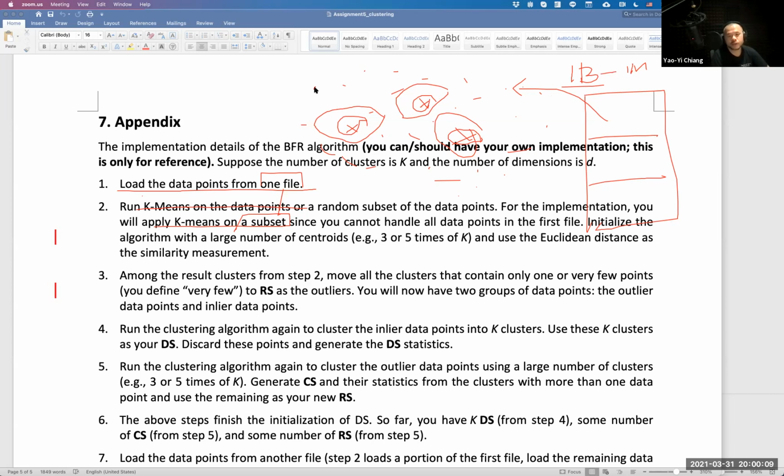The first approach is you can just compare the distance between the points to the cluster center and use a threshold. You can say if you're close to the center, I'm going to add you to this cluster. Then it becomes the DS set. Or you can use Mahalanobis distance like we discussed in class. Mahalanobis distance will consider the variation in each dimension, and it will use square root of d.